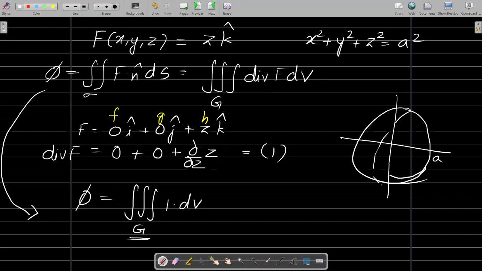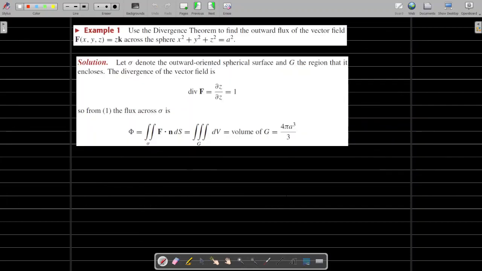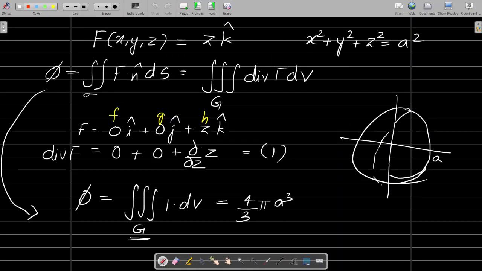For the volume of the sphere, we don't have to substitute the limits. It is 4 by 3 pi a cube, where a is the radius. So in this question the flux is equal to 4 by 3 pi a cube.